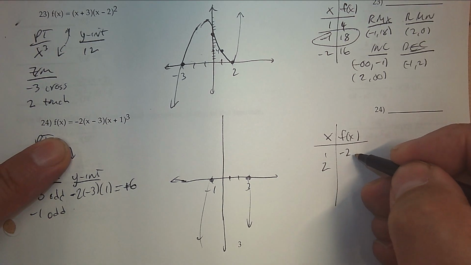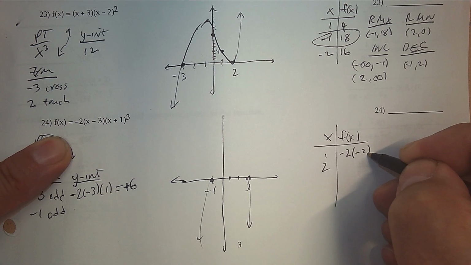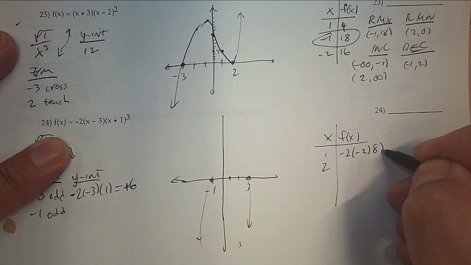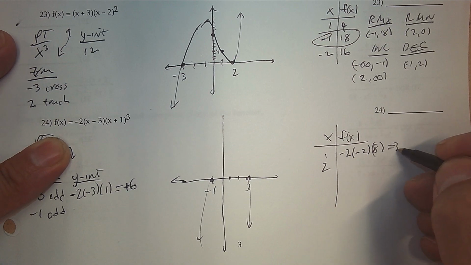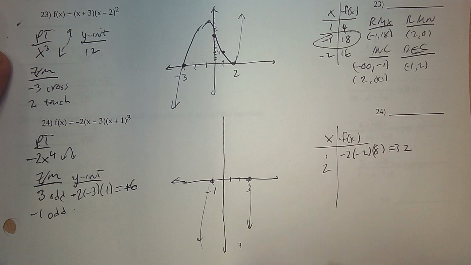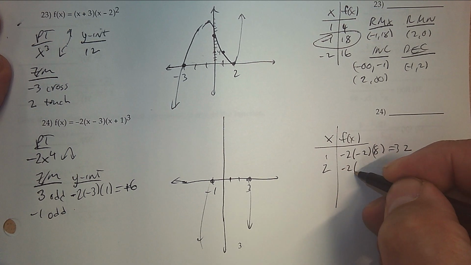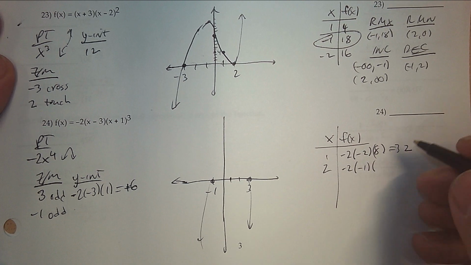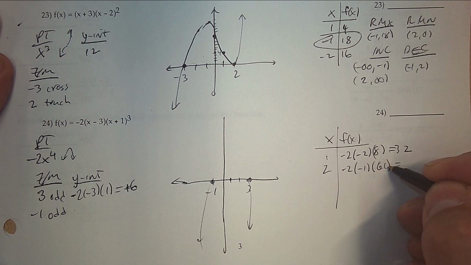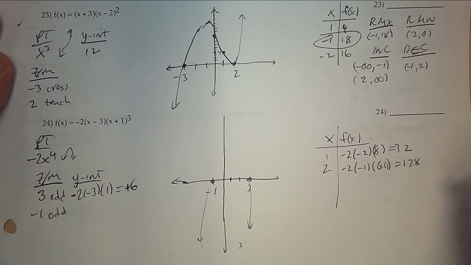So when I plug in 1, I get 32, big number. When I plug in 2, four cubed, 64, so it's like positive 128. So anyway, we're going to use that.